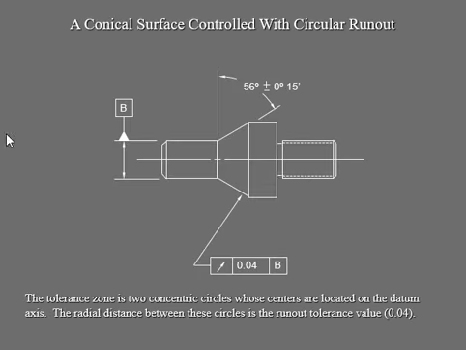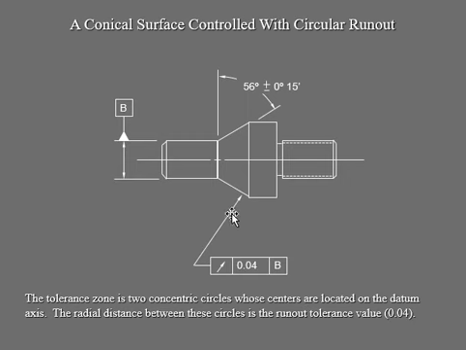Example number 2, we have this part right here, a little bit different from the previous example because your cylinder's smaller diameter is on this side, and we have a datum plane, which is going to be B, the datum feature reference. So here is your circular runout, and we're dealing with this tolerance zone, which is 0.04 for that inclined surface.